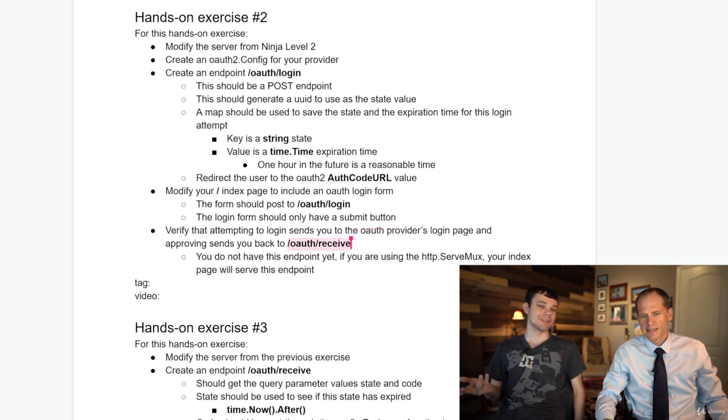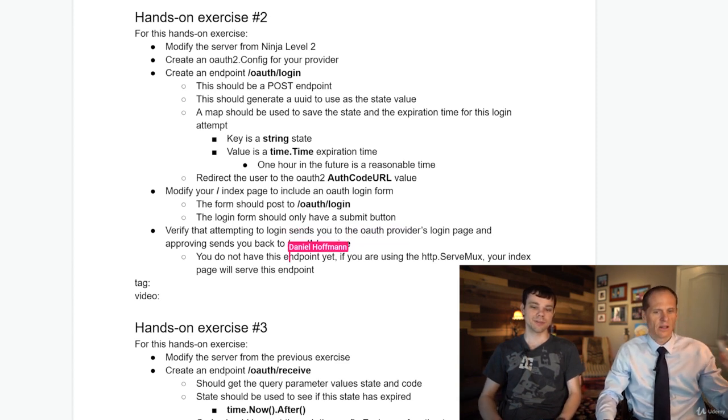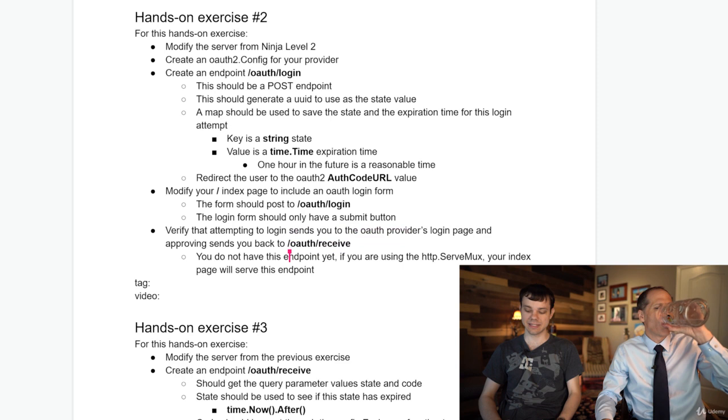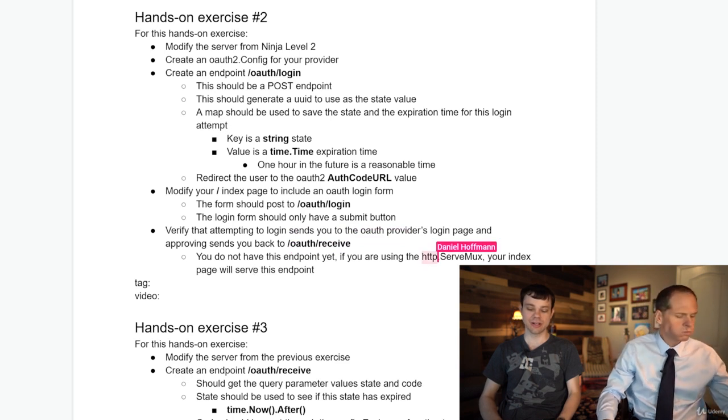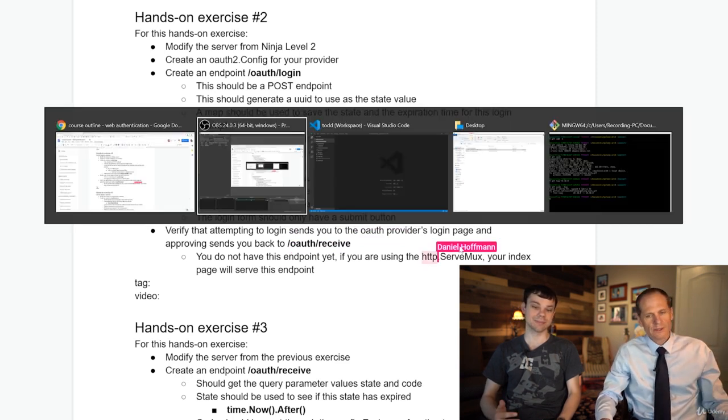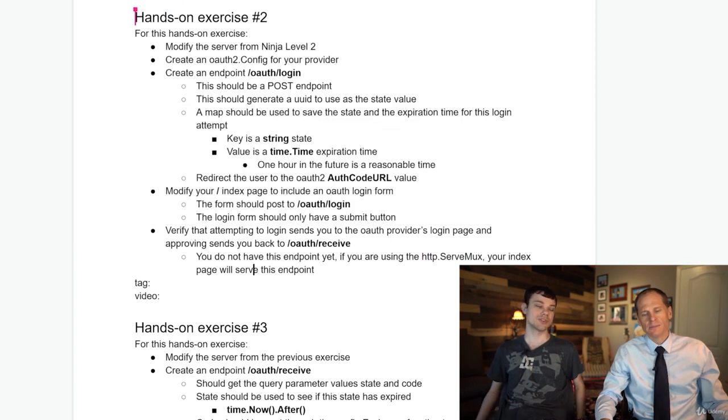We're not handling OAuth receive, but your index page will handle requests to OAuth receive. So when you actually go there, it'll show your index page, but your URL bar will show OAuth receive.